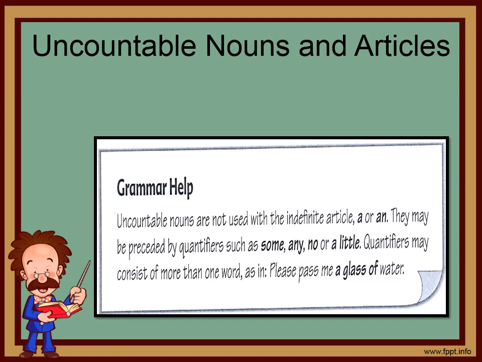For example, if there is water in the jug, you will not say "there is a water in the jug". You will say there is some water in the jug, there is no water in the jug, there is a little water in the jug, or there isn't any water in the jug. But if you ask for a glass of water, you are using "a" not for the water but for the glass.